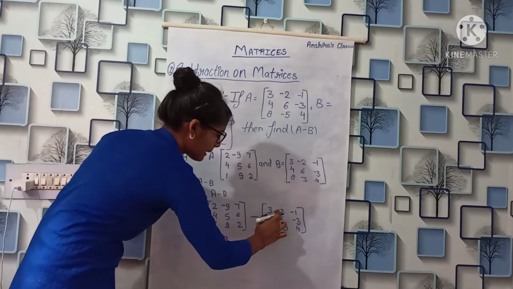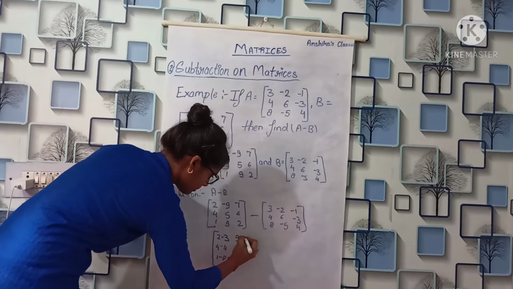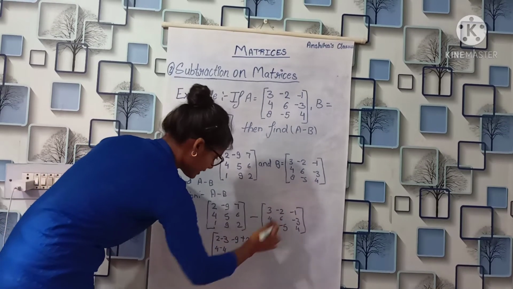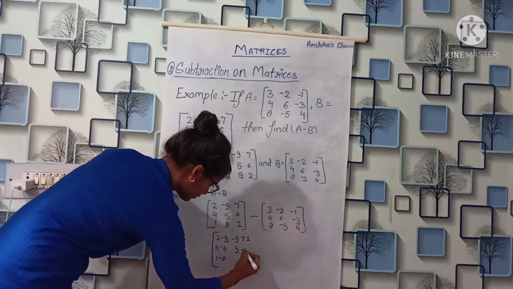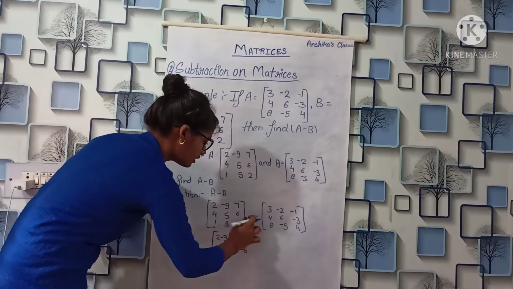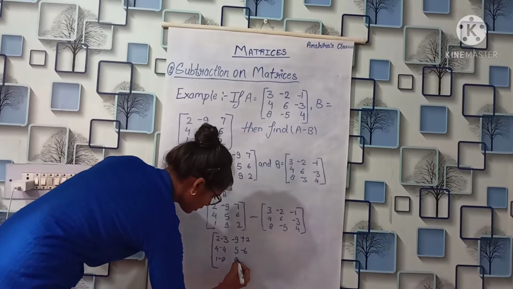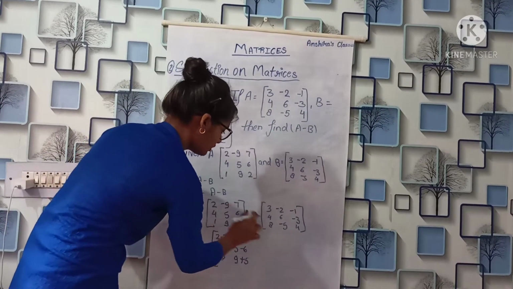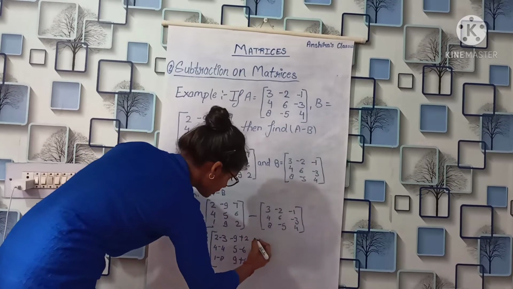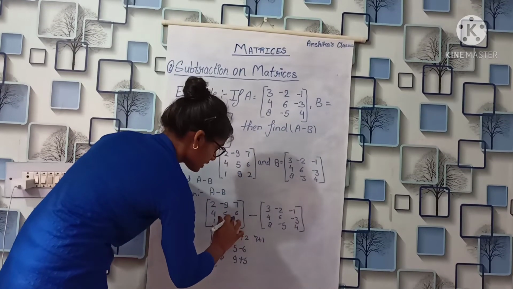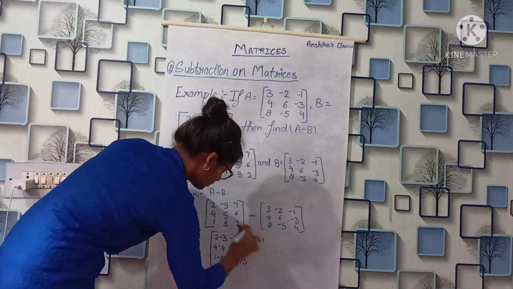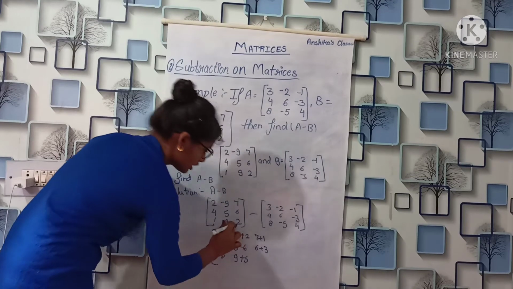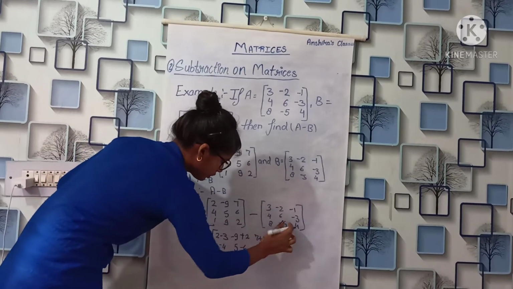Minus 9 minus minus is plus, so plus 2. 5 minus 6. 9 minus minus is plus. 7 minus minus is plus, so 7 plus 1. 6 minus minus is plus 3. 2 minus 4.